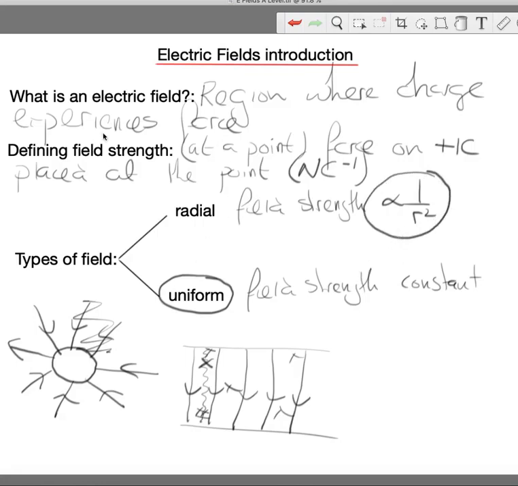So there's what a field is, what an electric field is, the definition of electric field strength, the two types of fields, how that compares to gravitational fields, in that gravitational fields are always strictly radial. We do talk about approximately uniform fields, but they're not truly uniform, whereas with electric fields you can have genuinely both radial and uniform fields.